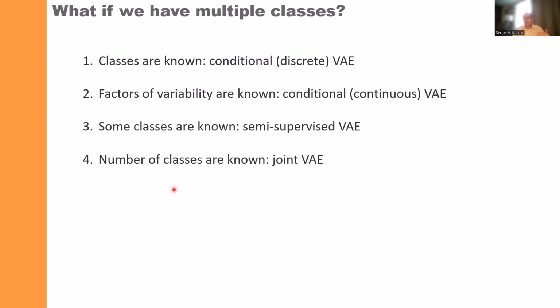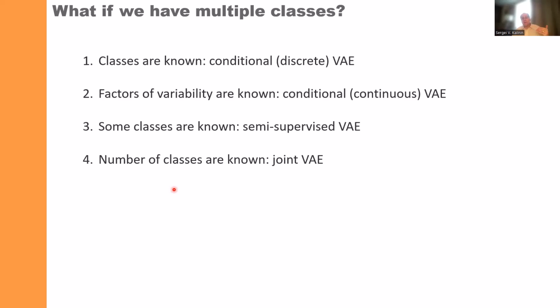Now, there are several more types of autoencoders when we know something about the data. A simple example is the conditional VAE. This is used in cases when we know the classes of the data, as I've shown you with this example of the MNIST data set. Each image has a class label.